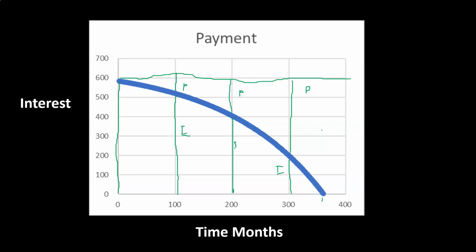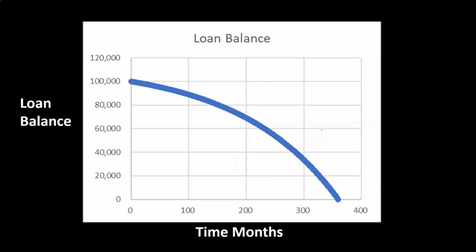Now you have a similar kind of thing with the loan balance. Up here we took out the loan for the 100,000, and as we make the payments, the loan balance is going down, but not in a straight line, due to the breakout between the interest and the principal.